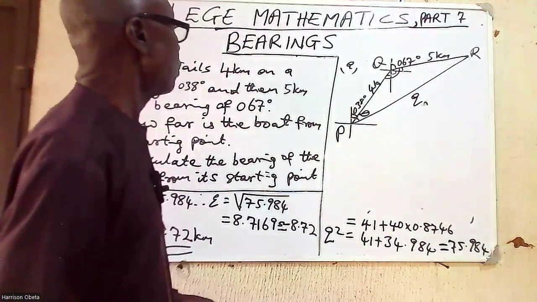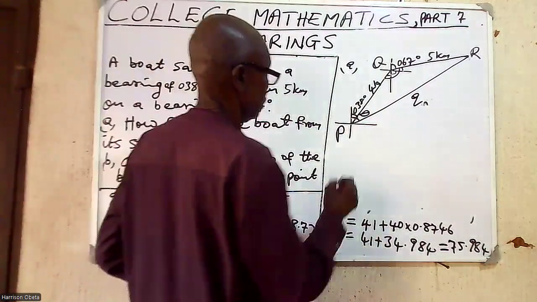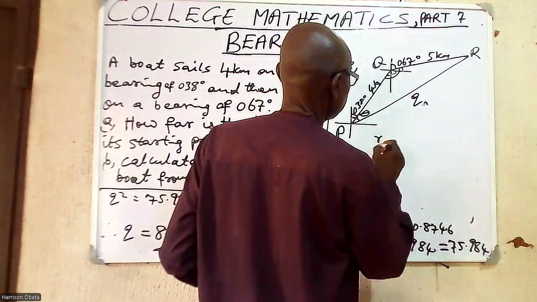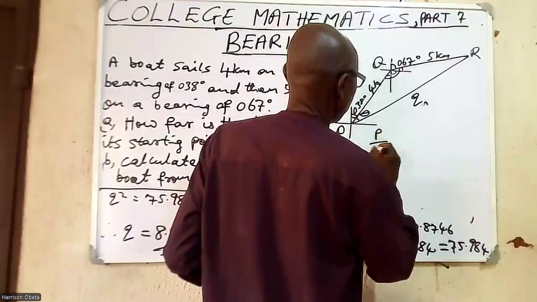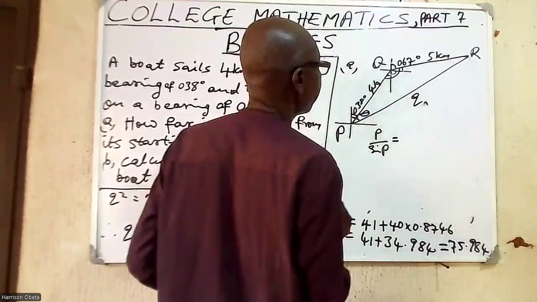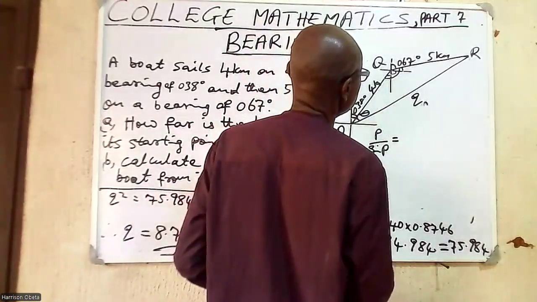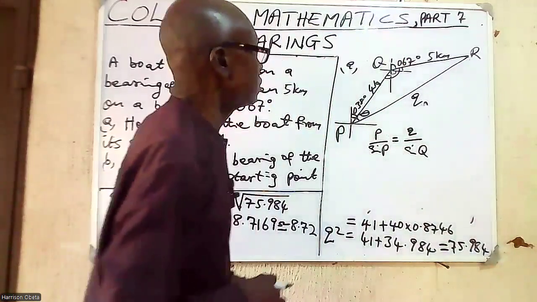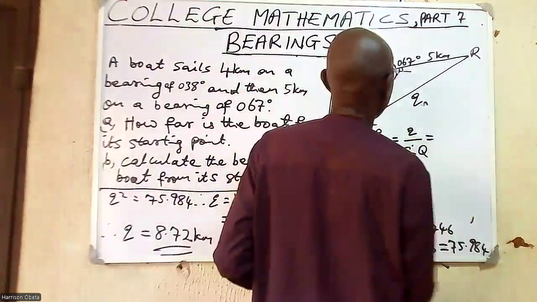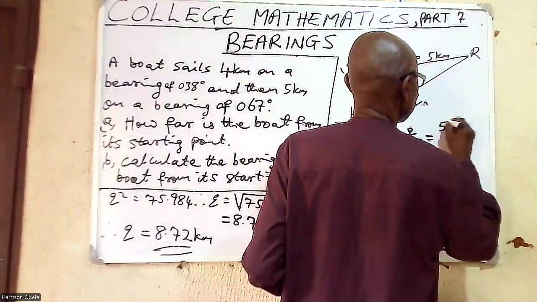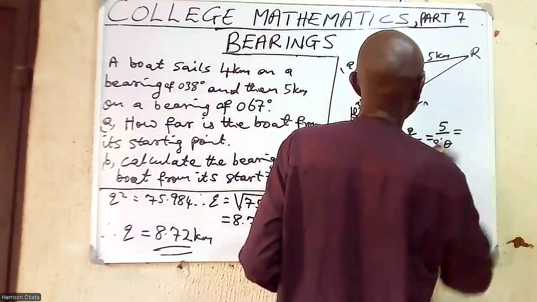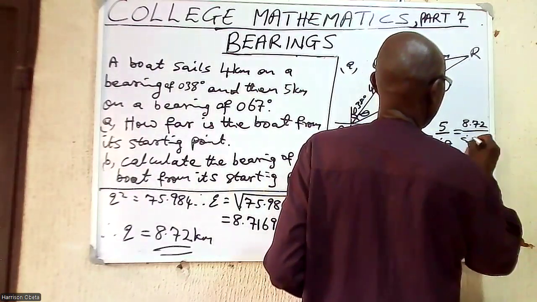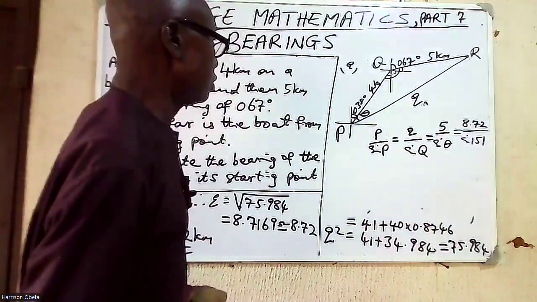In that case, we are going to use the sine rule, because to get theta we take it like this: p over sine P is equal to q over sine Q. So 5 over sine theta is equal to 8.72 over sine 151, because that's what we got from the angle.